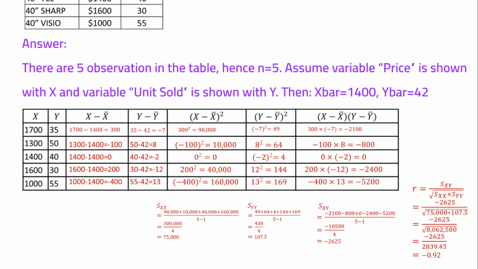And the coefficient of correlation, or R, is SXY divided by the square root of SXX times SYY. SXY is minus 2625 divided by the square root of 7500 times 107.5. If you do the calculation, it will be minus 0.92.